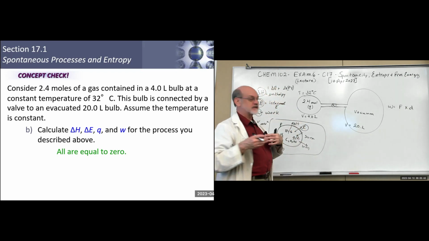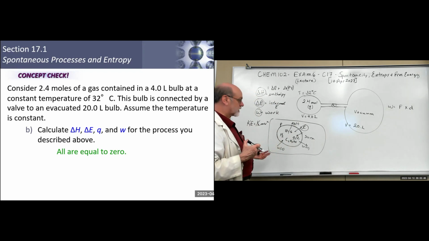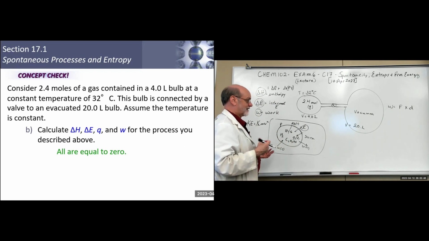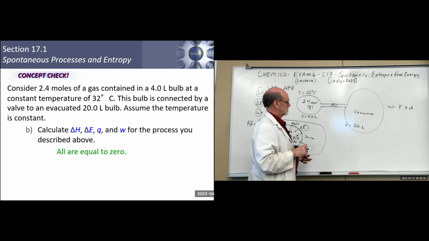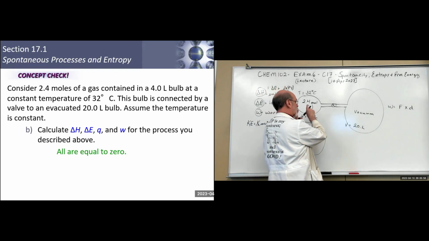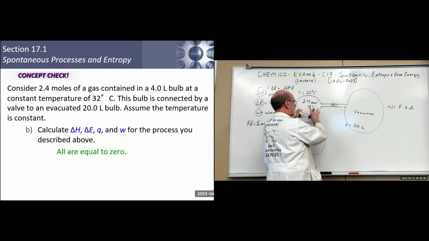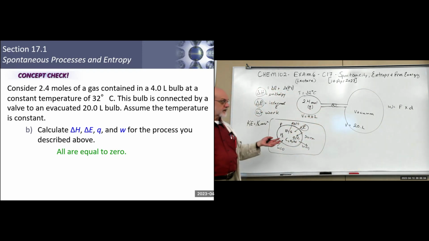So since the temperature didn't change, there's no transfer of heat. How about work? Was there any work done? Well, we didn't move through any distance. Right? We didn't work on the surroundings, and the surroundings didn't work on the system. So there's no work done either. All of them are 0.